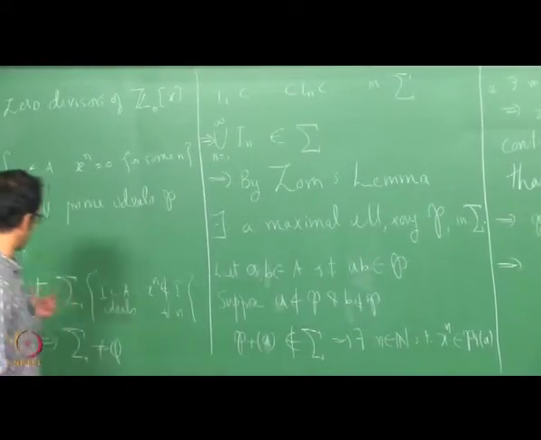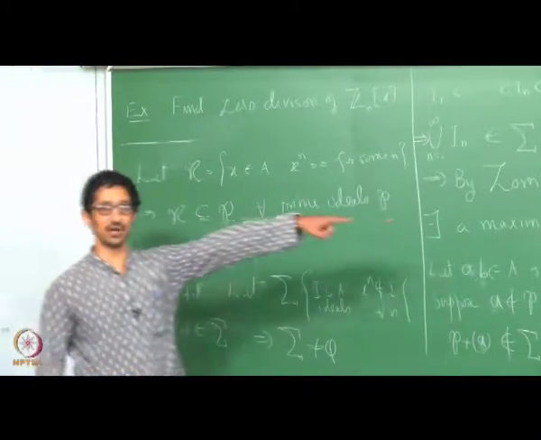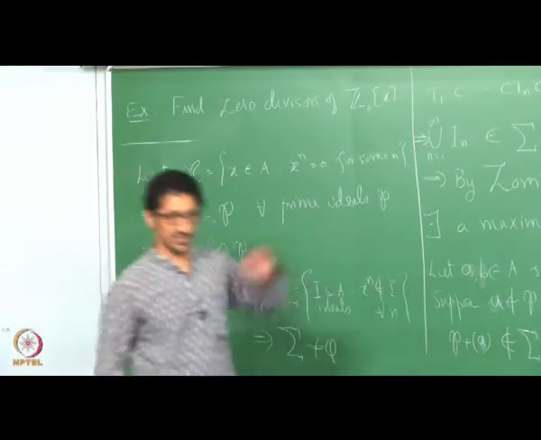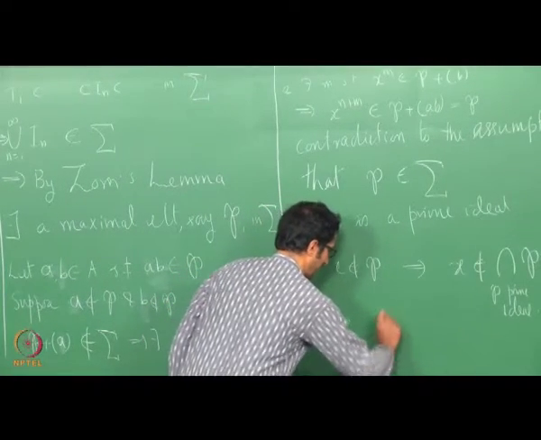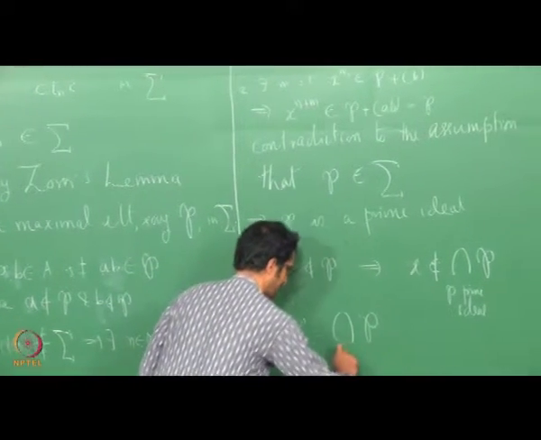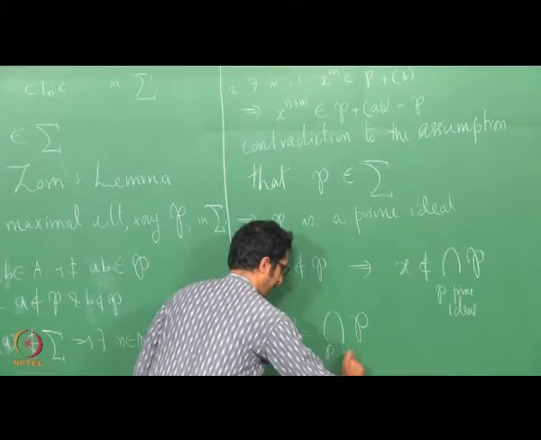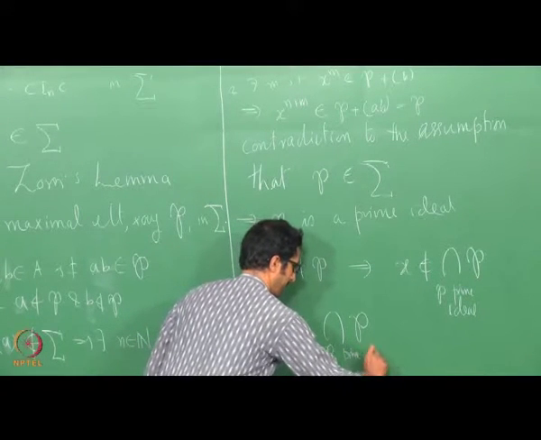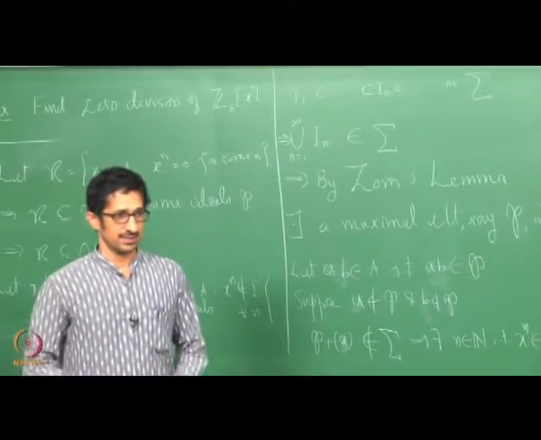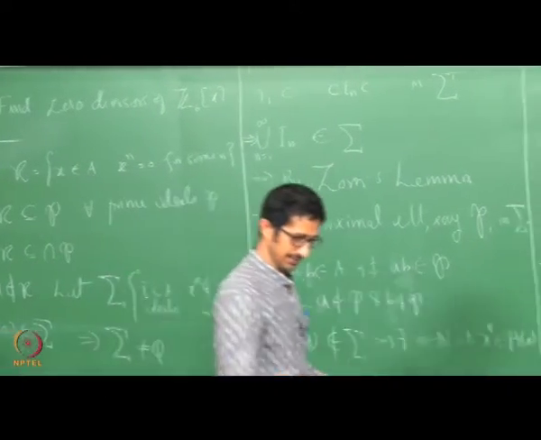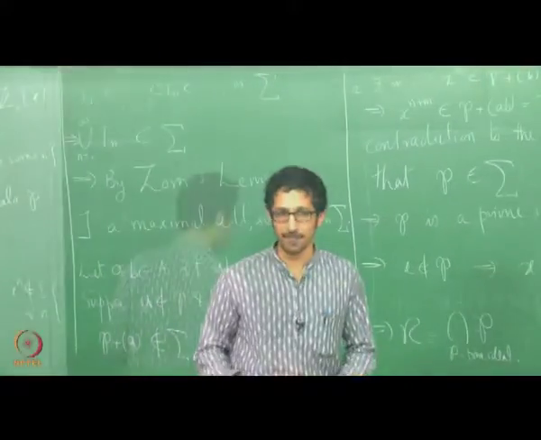So, if x is not nilpotent, then it is not in the intersection of prime ideals. This implies that the nil radical is indeed the intersection of all prime ideals. Is the proof clear? Okay.